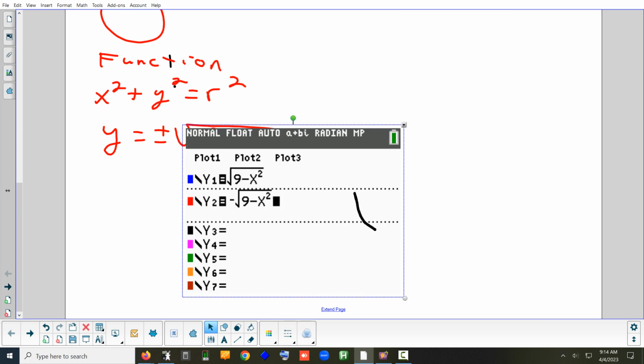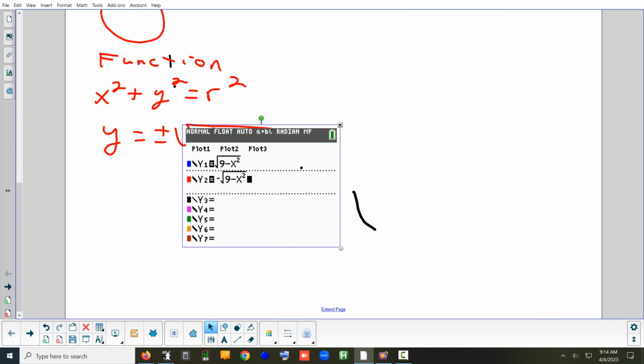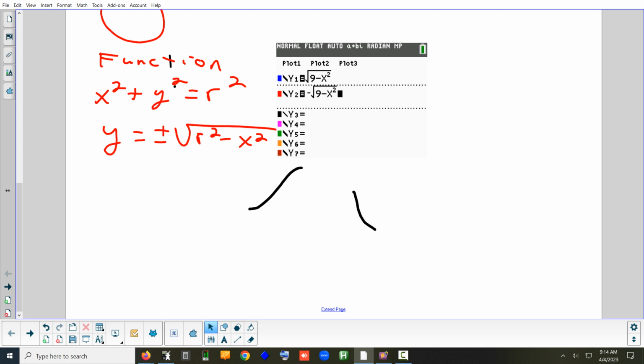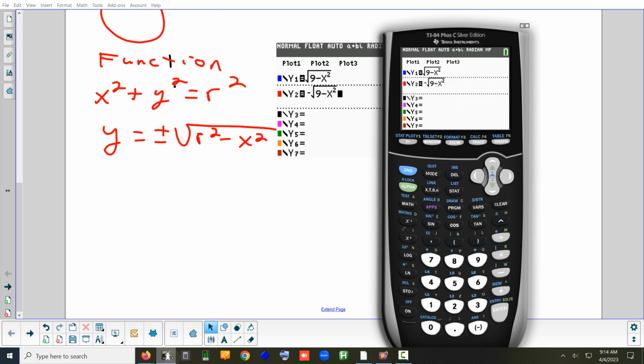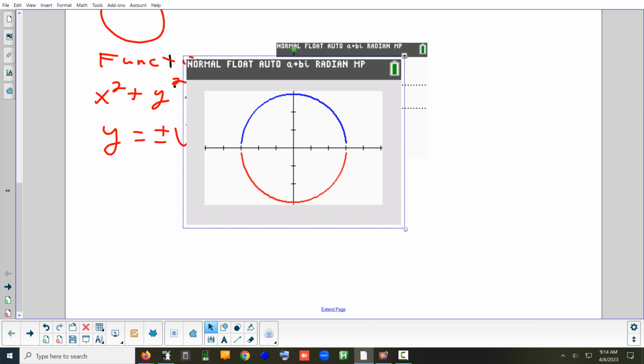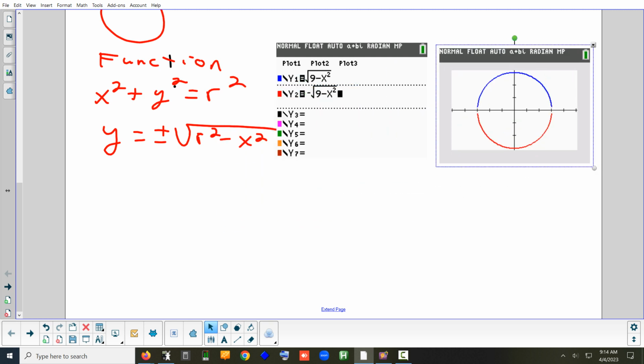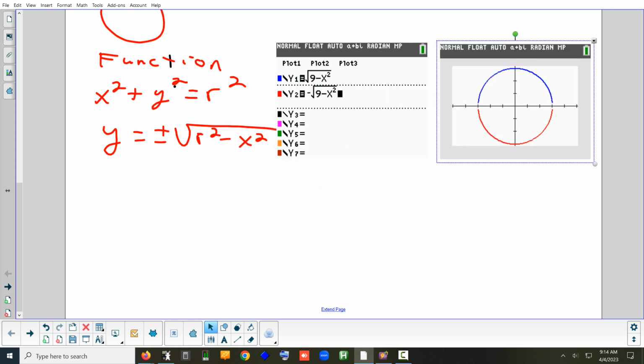Okay, so there's the formula we had to use. And here's what the picture looks like. It looks like a circle, but it doesn't even connect, right? And I can't do anything about that because the mode that I'm in is not designed to draw circles, and I'm trying to make it draw a circle. All right. So you have to type in all that stuff to kind of get a circle.